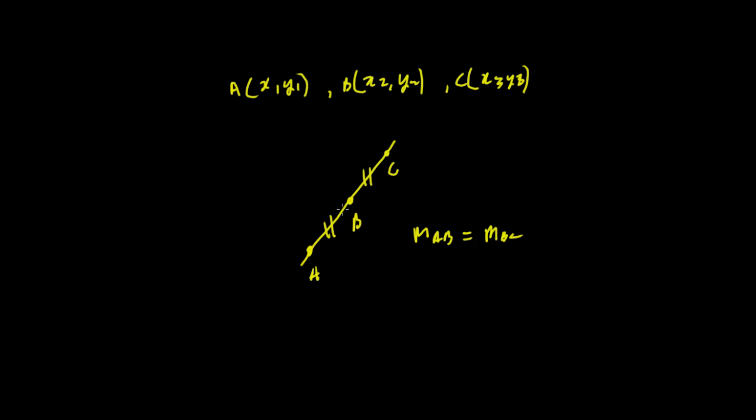B is common to both this line here and this line here. Therefore, the three points will be collinear. We'll go through some examples in the examples videos, so we can leave that there for now.